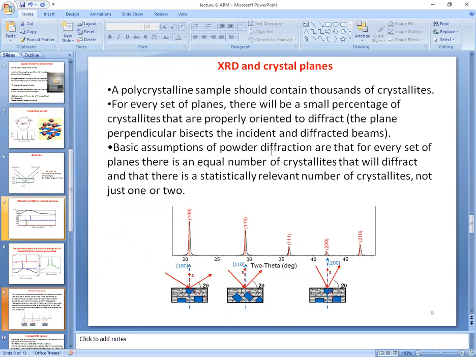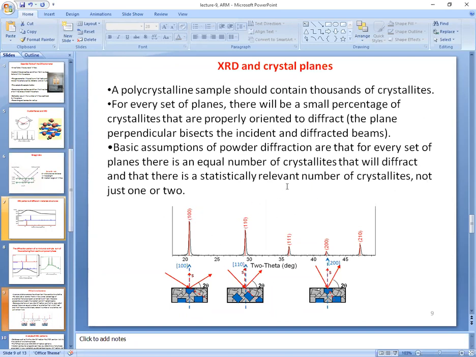Basic assumptions of powder diffraction are that for every set of planes, there is an equal number of crystallites that will diffract, and that there is a statistically relevant number of crystallites, not just one or two.